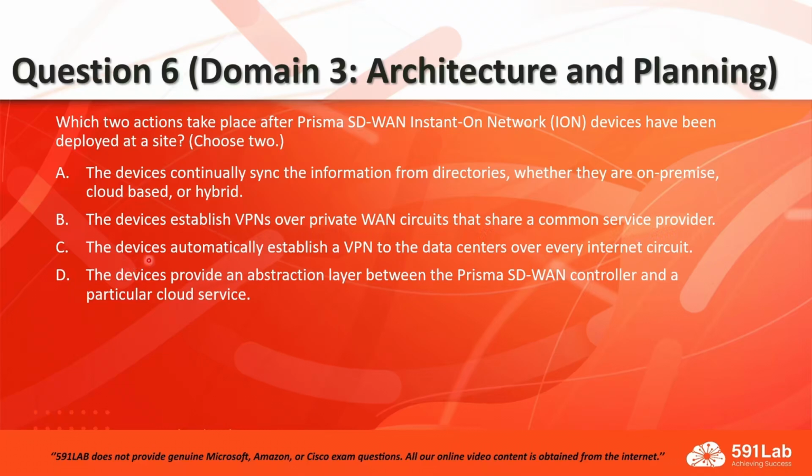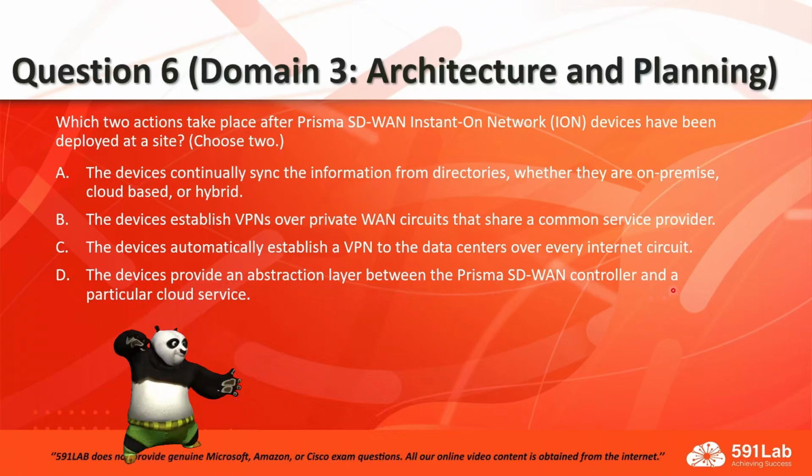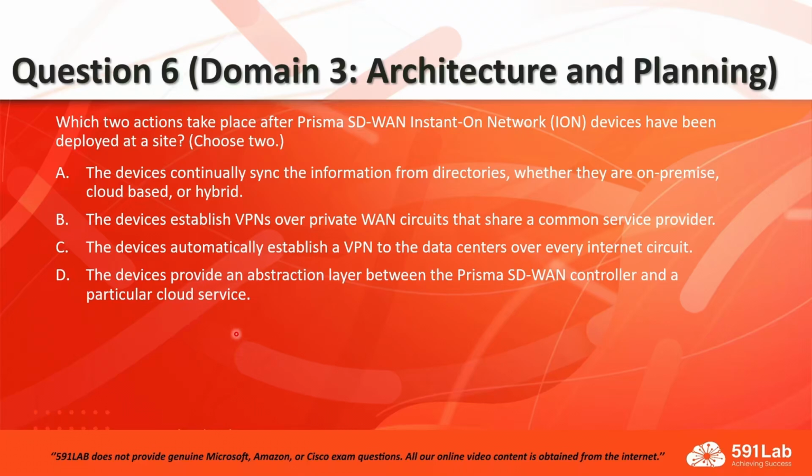Or C. The device automatically establishes a VPN to the data centers over every internet circuit. Or D. The device provides an abstraction layer between the Prisma SD-WAN controller and a particular cloud service. Which option can we choose?